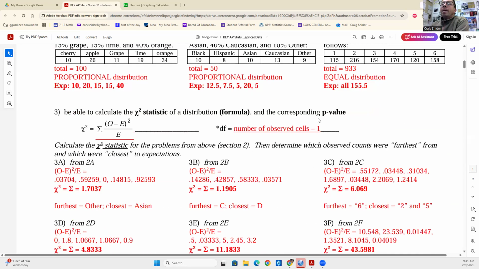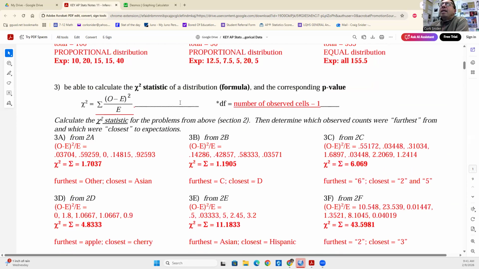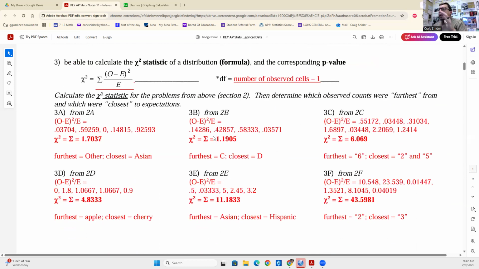Next, okay, we're going to calculate the test statistic and the corresponding p-value. Now, Desmos is going to do most of this, but we're going to calculate the statistic together, okay? The chi-square statistic is a value. It's a whole number. And the larger the statistic is, the lower the p-value.